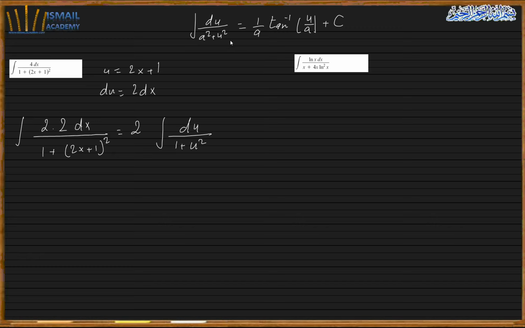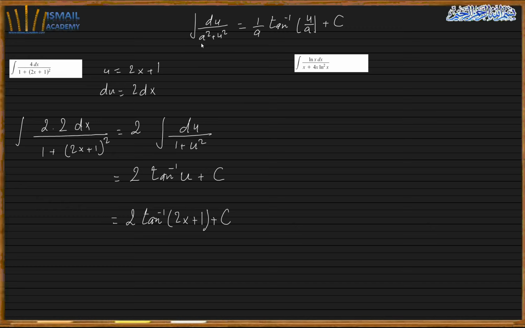So this is how to deal with that type of question. Here my a is 1, so it's going to be just tangent inverse of u, so it's going to be 2 tangent inverse of u plus c, and u is 2x plus 1, so it's going to be just 2 tangent inverse of 2x plus 1 plus c.